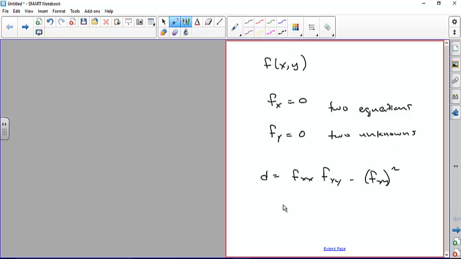Then you look at whether D is greater than 0 or less than 0, and whether the second partial with respect to x is greater than or less than 0 to give you the relative minimums or maximums. Anyway, I'm not going to do anything on Lagrange multipliers on the test. Okay, so that's chapter 13.